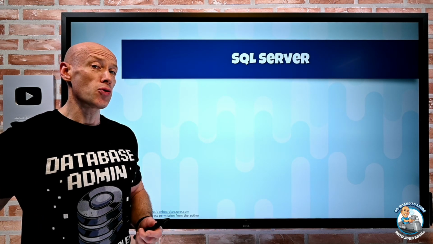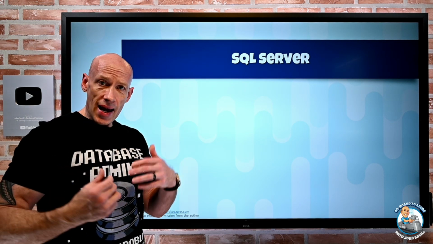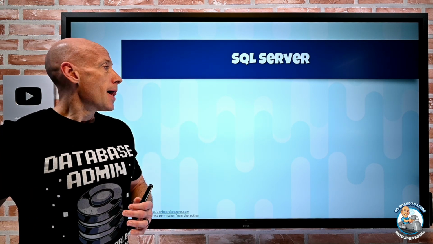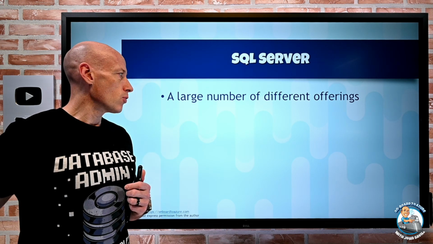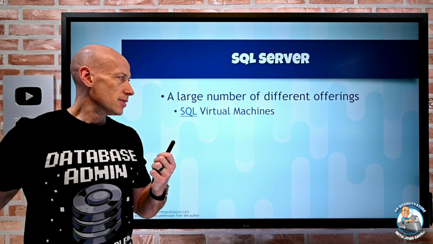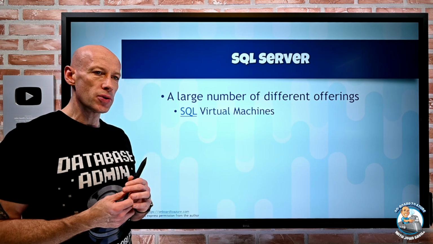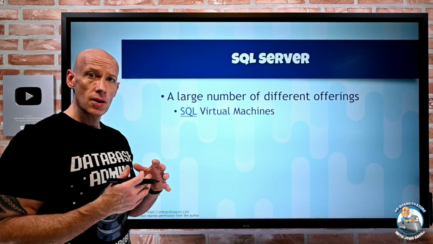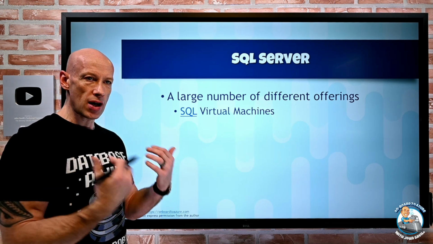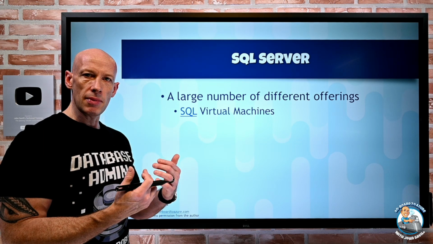So let's start off with some examples of services. Now, an obvious one, if we're talking about Azure, well, Microsoft have SQL Server. And there's actually a lot of different offerings available for SQL Server. The first one is just a SQL virtual machine. Now, there are images that have SQL Server pre-baked into an image that I can install.